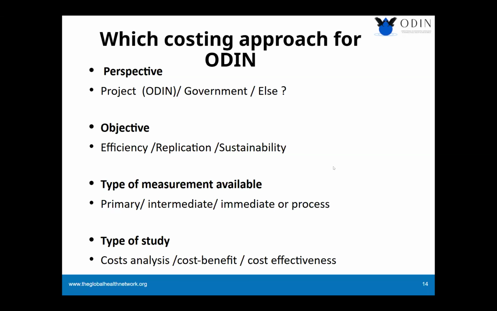Process measures capture the activities of the intervention, such as the number of samples tested or the number of pathogens detected. And the different types of study are cost analysis, cost effectiveness, or cost benefit.